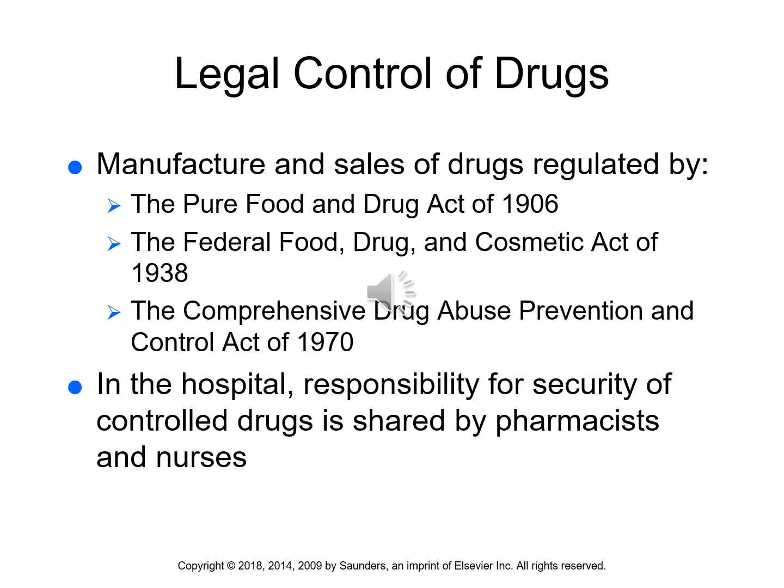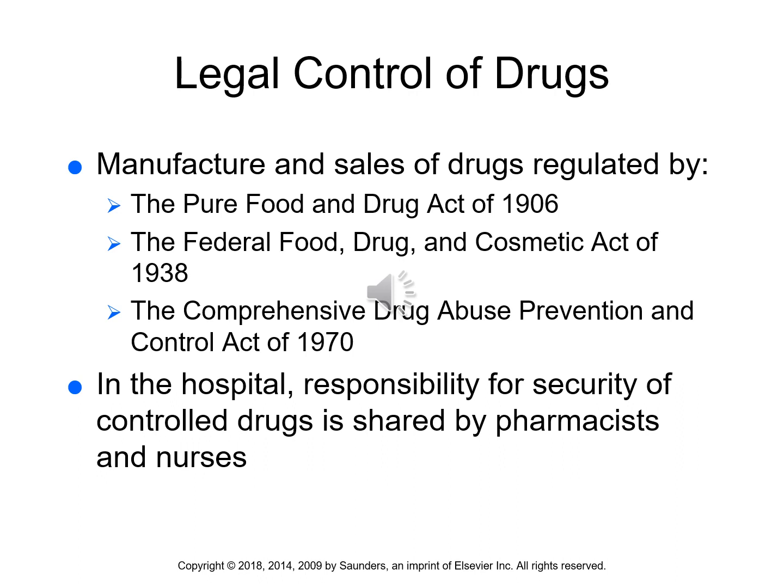The manufacture and sale of drugs are regulated by the Food and Drug Act of 1906, the Federal Food, Drug, and Cosmetic Act of 1938, and the Comprehensive Drug Abuse Prevention and Control Act of 1970.